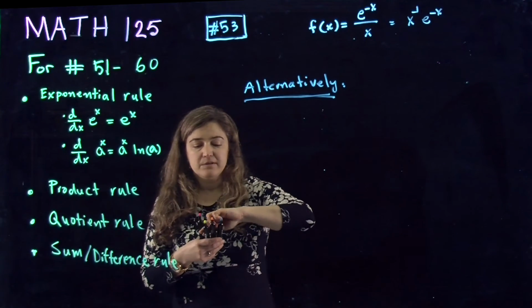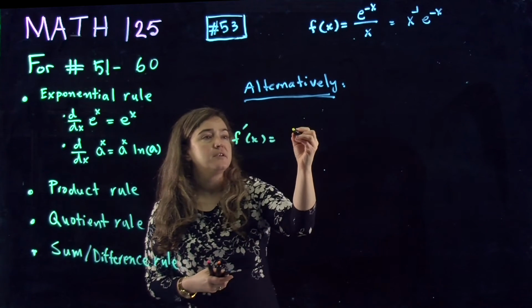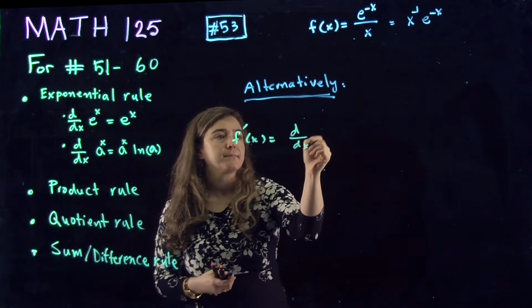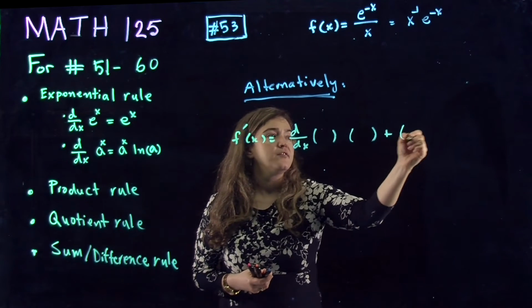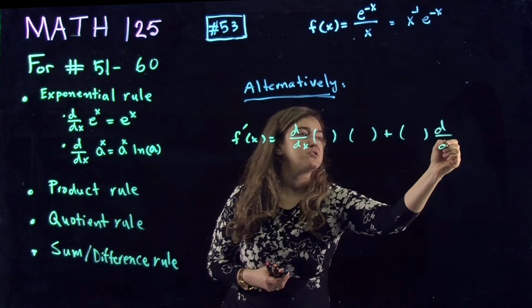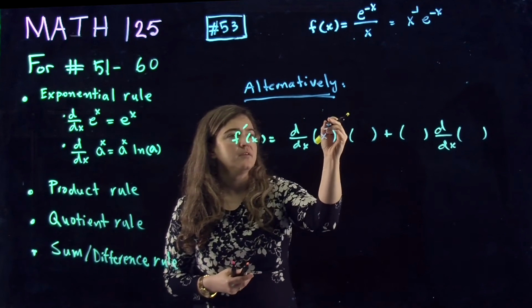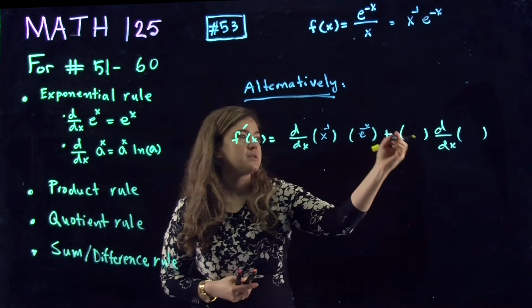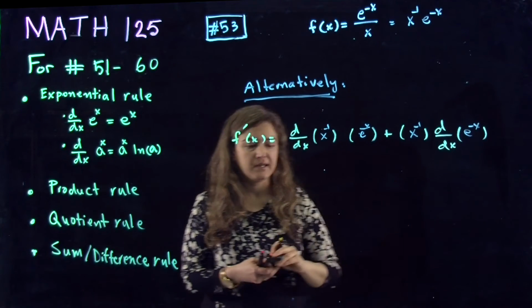So this time around, f prime of x is going to be derivative of the first one times the second one plus first one times the derivative of the second one.